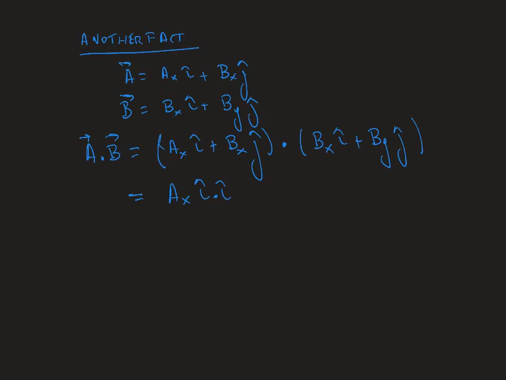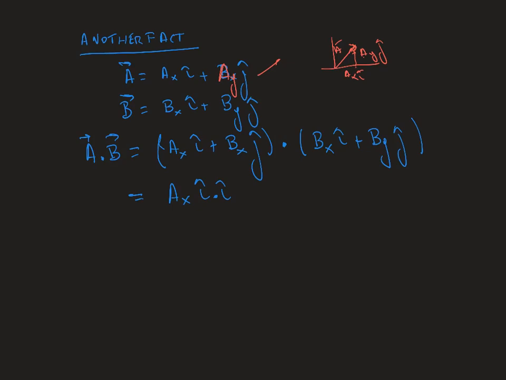Let's go to do this, and we make a few problems using the dot product. Suppose that A is this vector Ax in the i direction, and Ay in the j direction. So this vector A is the vector Ax i plus Ay j.